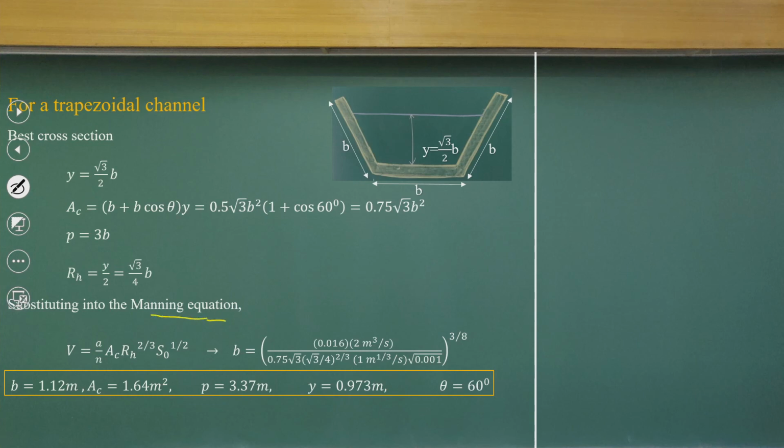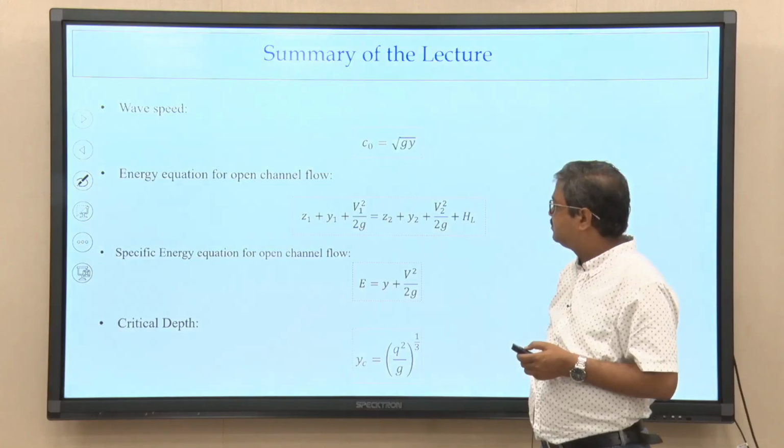I have not gone into much detail about Manning's equation, but finally, you get what will be the b value for the best hydraulic cross section, which is necessary, as it gives the minimum construction cost.